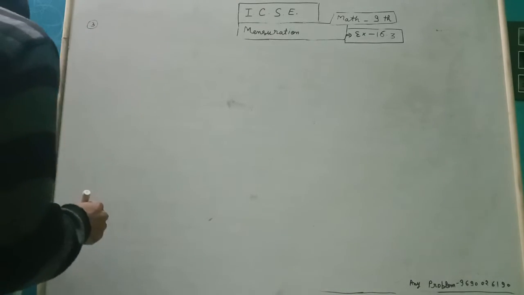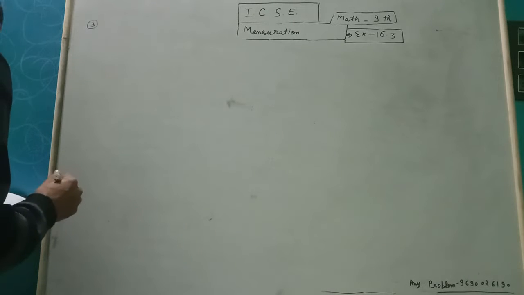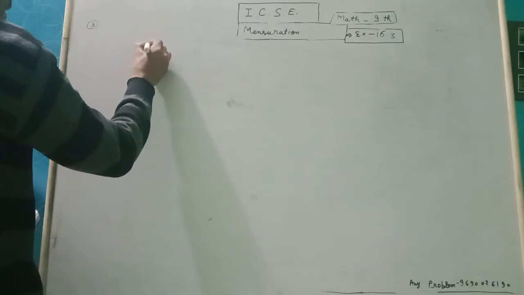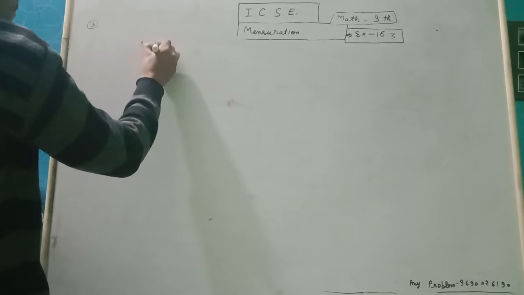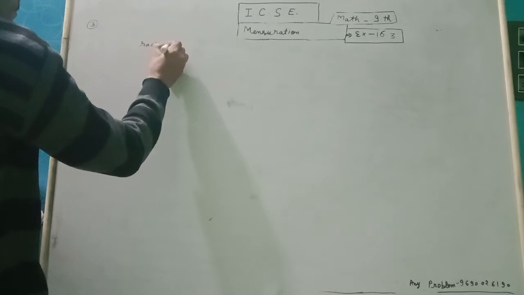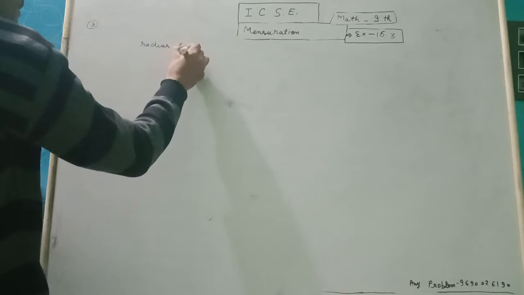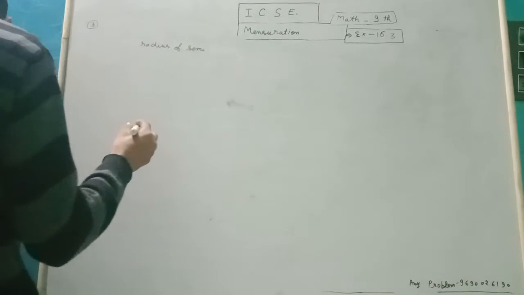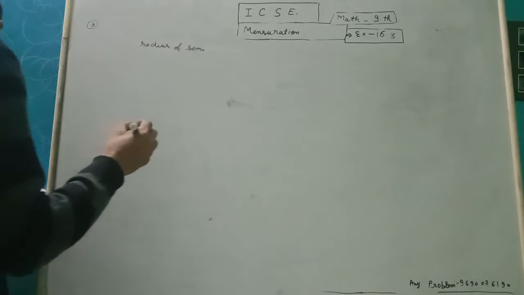Question number 3 is the radius of a semicircle, meaning half circle.